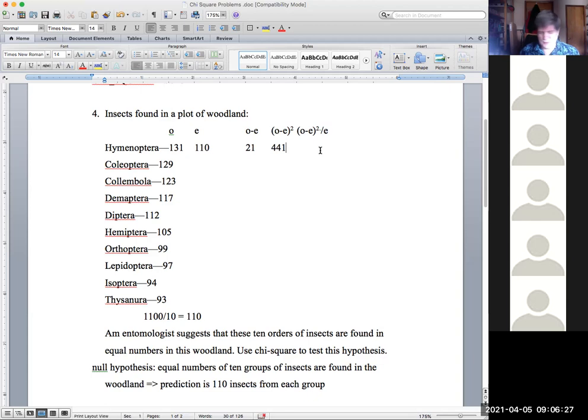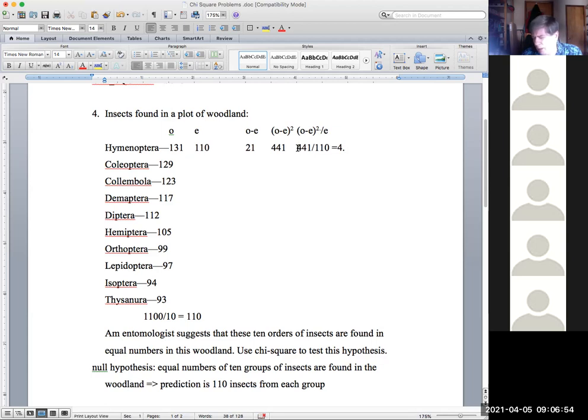So in this case, this is going to be 441 divided by 110, or if we divide that out, we're going to get 4, and then if we carry it out to 4 decimal places, we're going to get about 4.0001, just barely above 4. So we won't work all these out.